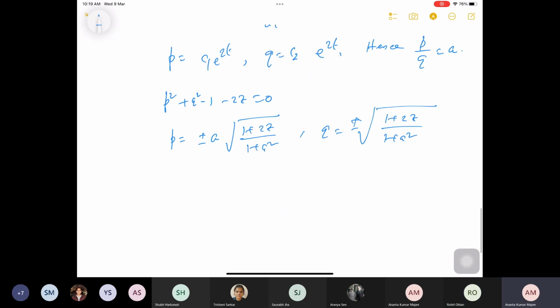So now what is your strip condition? The strip condition is dz/dt equals P dx/dt plus Q dy/dt. This is my strip condition.